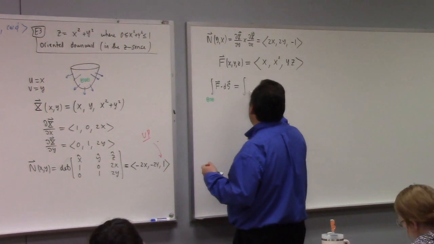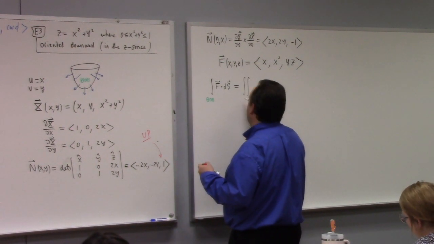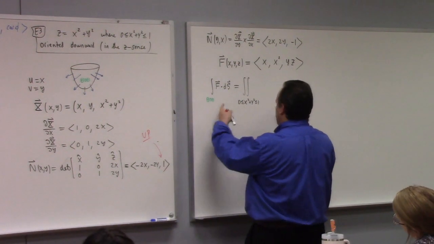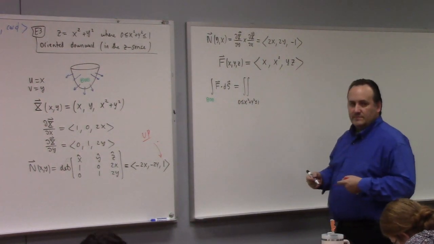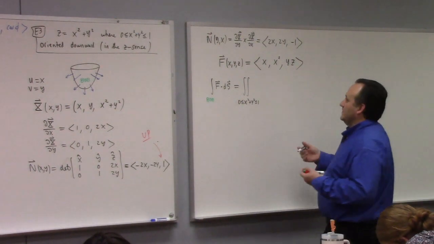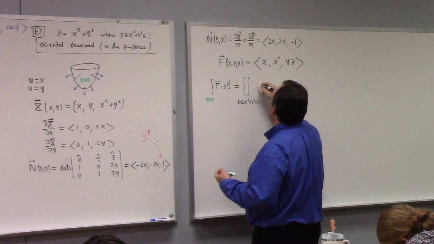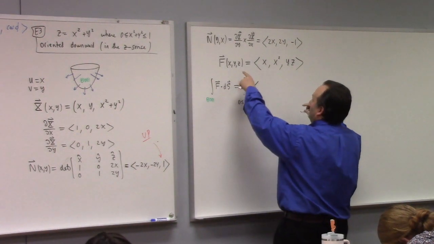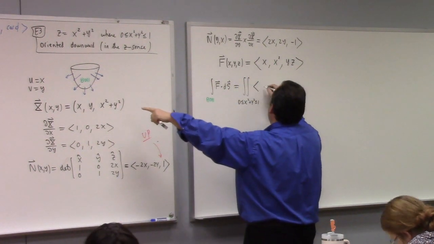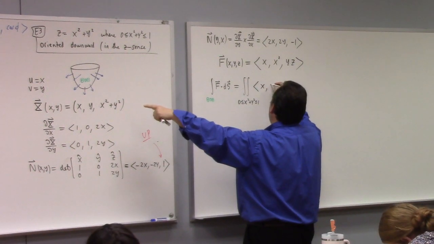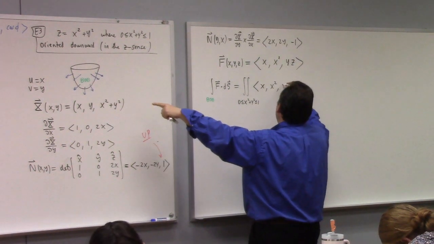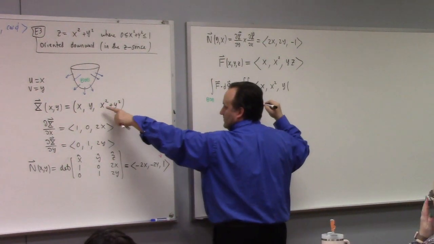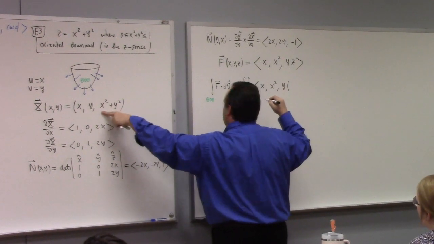I'm supposed to do the double integral over 0 less than or equal to x squared plus y squared less than or equal to 1. What's that? Well, that's the unit disk. And then I'm supposed to take F and evaluate F at my parameterization. This one's pretty easy to evaluate. X is x, and y is y. What's z? Z here is equal to x squared plus y squared.